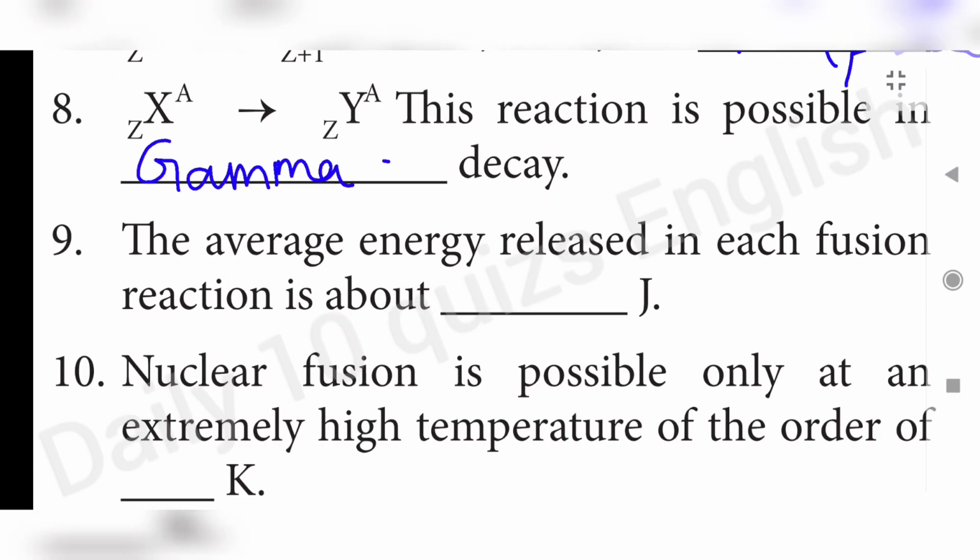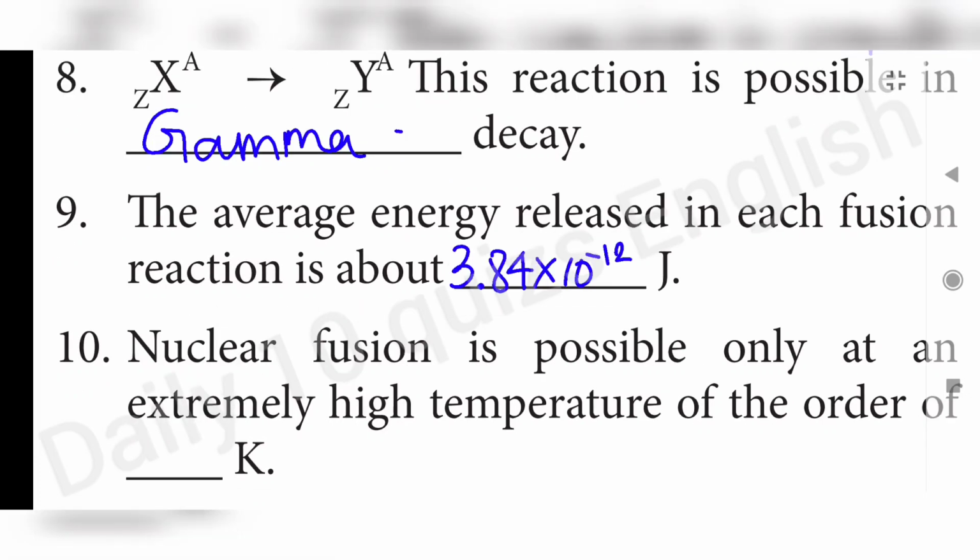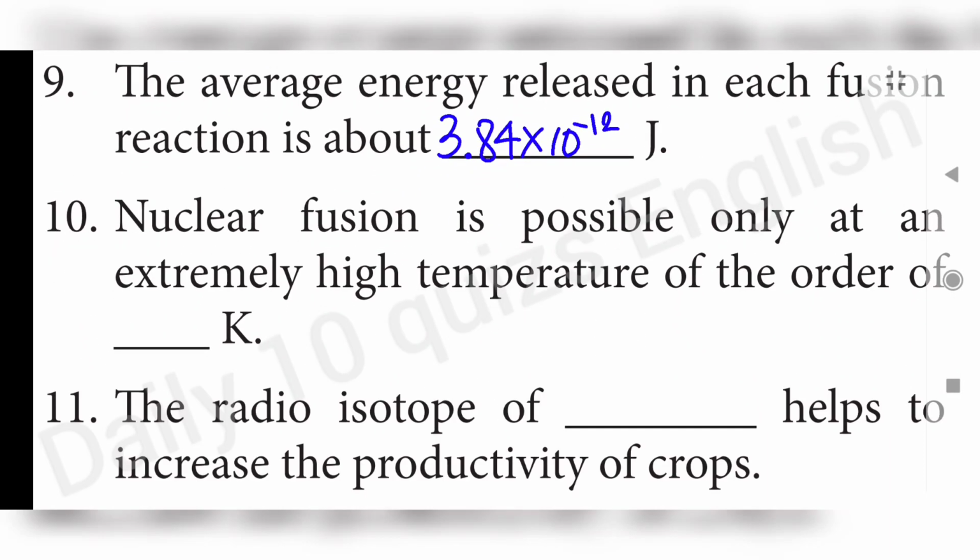Ninth one. The average energy released in each fusion reaction is about dash joules. Answer: the average energy released in each fusion reaction is about 3.84 into 10 to the power of minus 12 joules. 10th one.